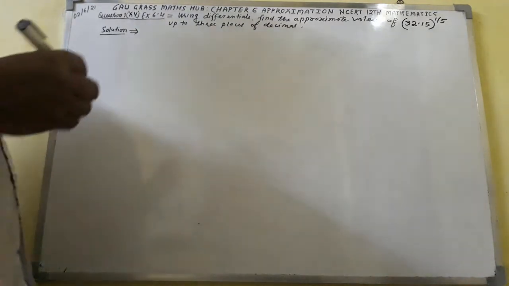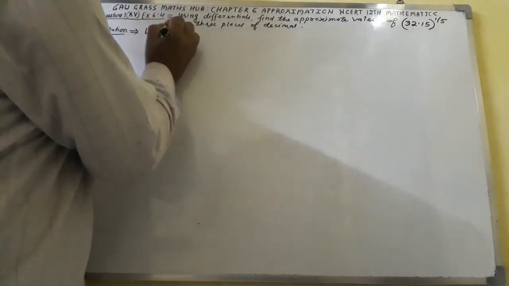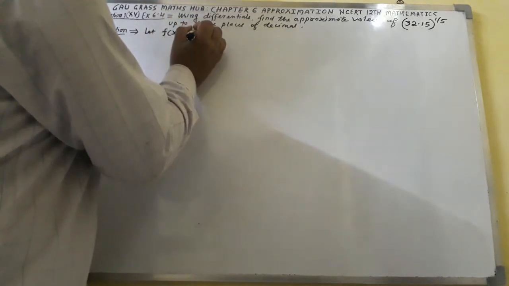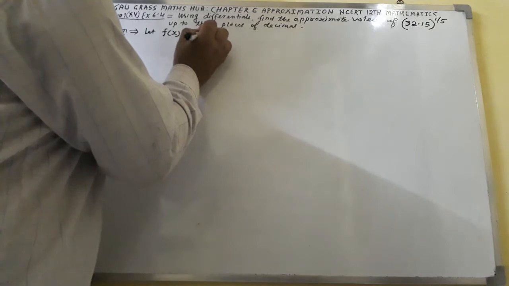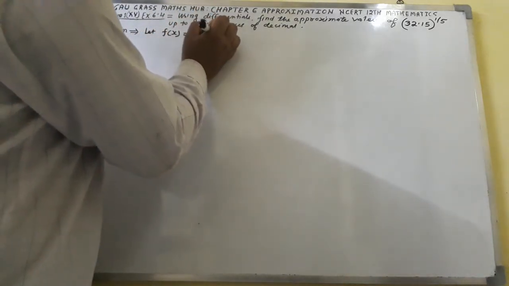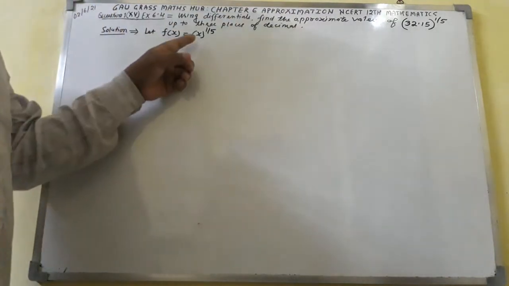Here I have written the solution. Let f of x equal to x raised to the power 1 over 5. Here you can see f of x is fixed, x is fixed.